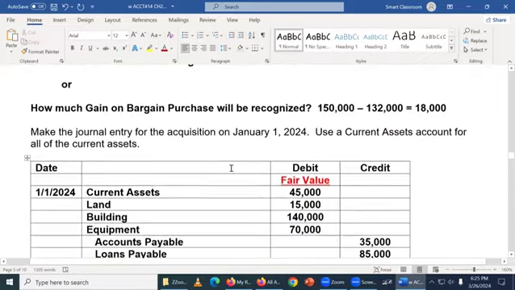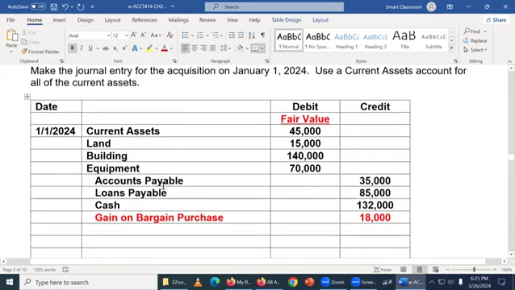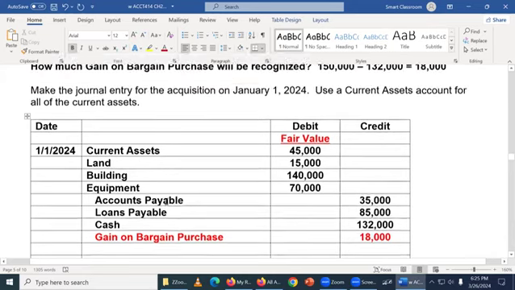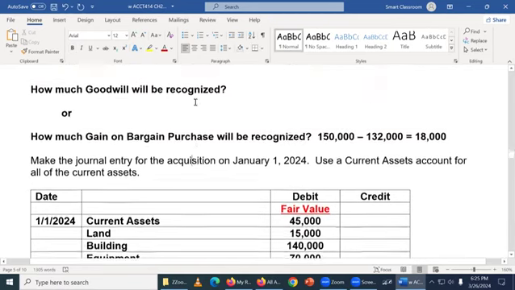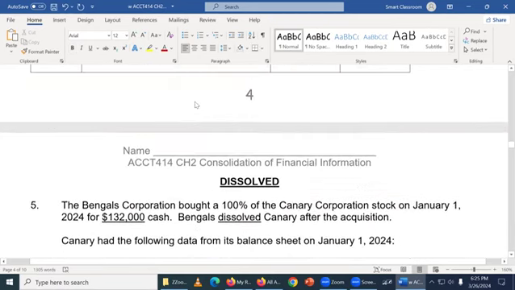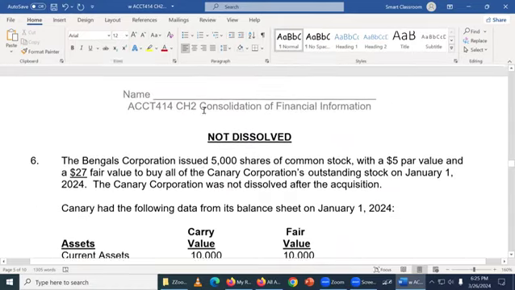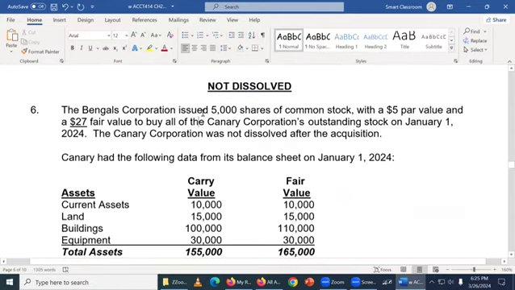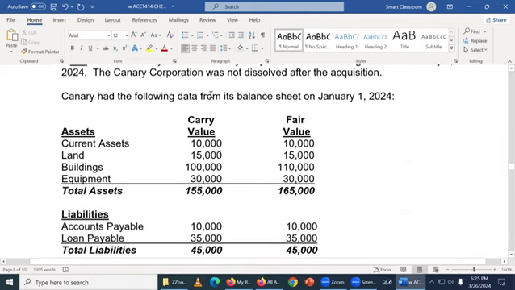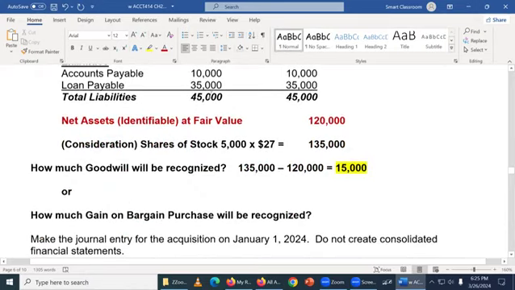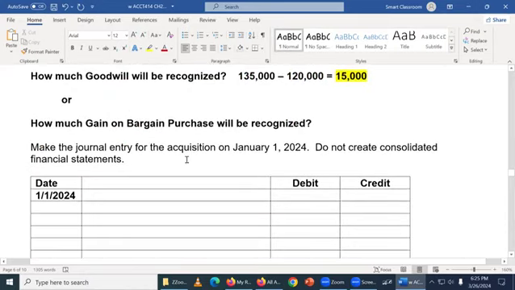We took all their assets and their liabilities and put them on the books, because the Bengals Corporation is no longer there. Coming down here, same Bengals Corporation, I've got to get different names for these. This is not dissolved. So here's how this would look.